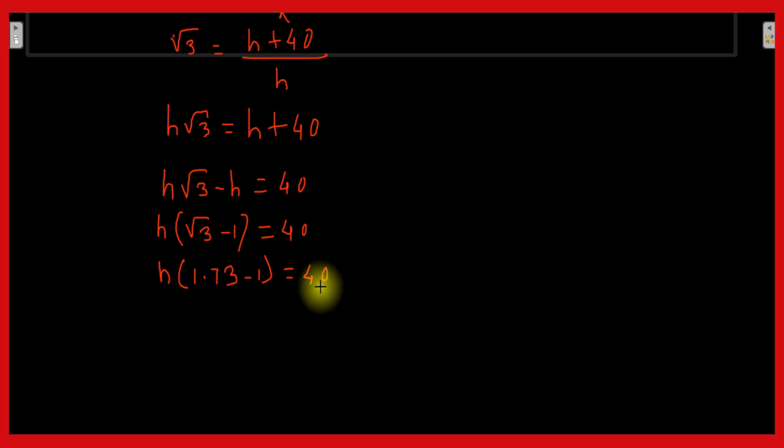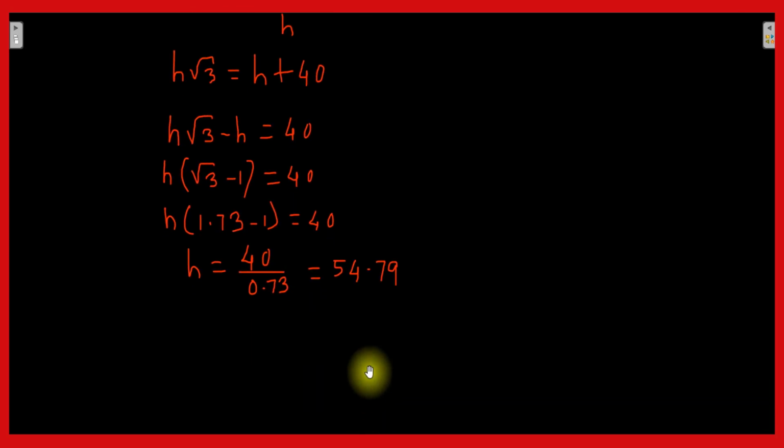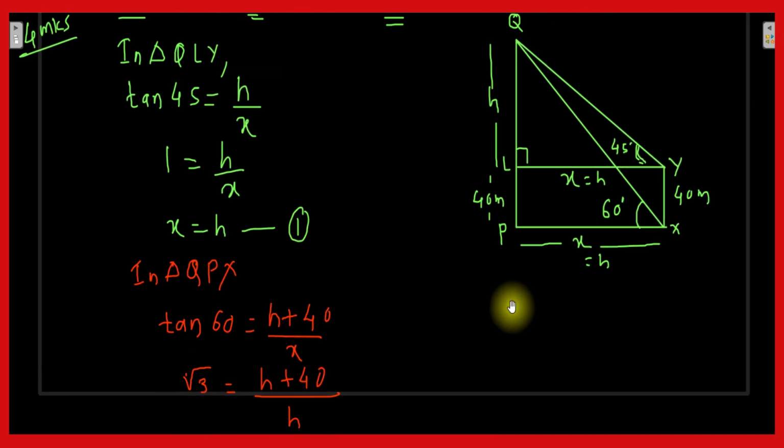Take 0.73 to this side, so that will be H equal to 40 upon 0.73. So if you solve this, you get 54.79, and therefore H is equal to 54.79.